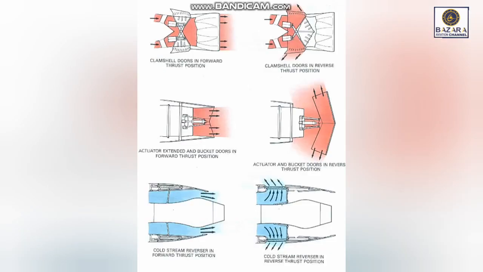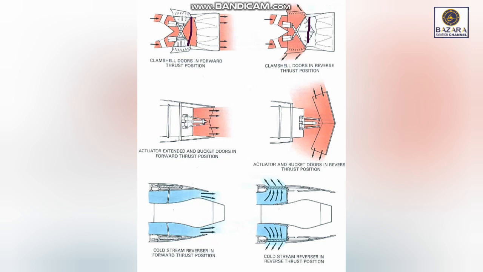How do we prevent sand from entering our thrust reverser? By two ways. The first way is called mechanical blockage, and the second one is called aerodynamic blockage. In the mechanical blockage, we see here in this figure a clamshell door. When the door closes it makes an angle.